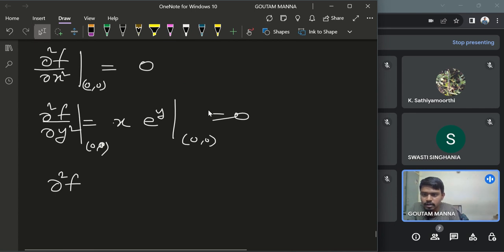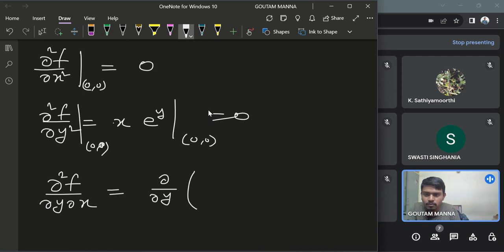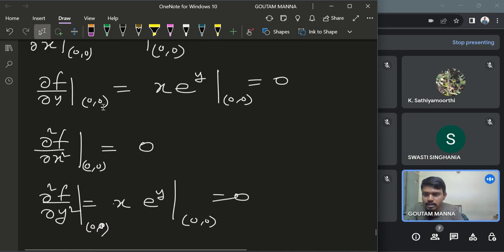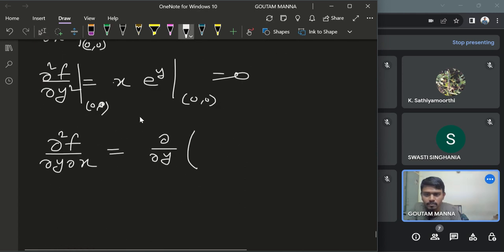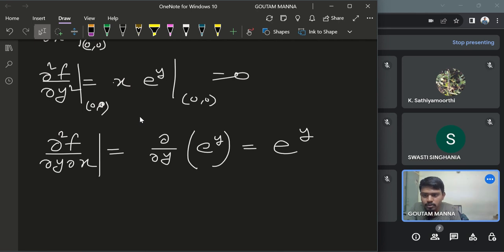With del 2f del y del x, which is del y of del f del x, and del f del x is e to the power y, so again e to the power y, and at point 0 0 its value is 1.